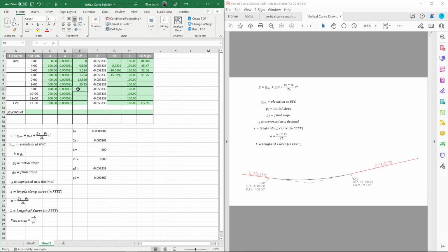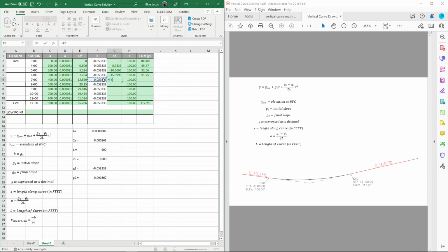I'm just going to go right down the line here. Equals a times x. A times x. So a couple more cells here. So there's my ax squared column.